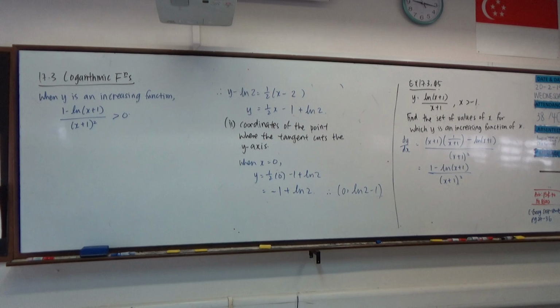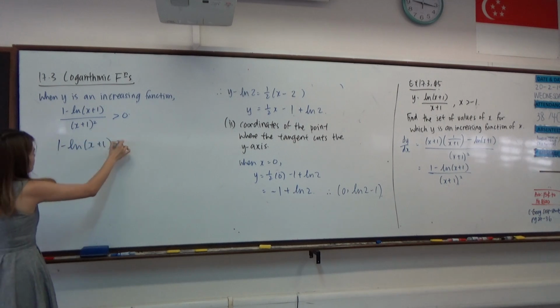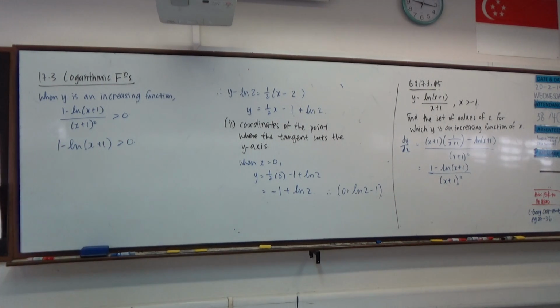I see that for this question, many of you, when it came to that topic, just jumped straight to telling me that this is more than 0. Now you cannot just multiply x plus 1 squared on both sides of the inequality. Why is that so? Because x is a variable, so x could be equal to -1, but in this case x is more than -1.